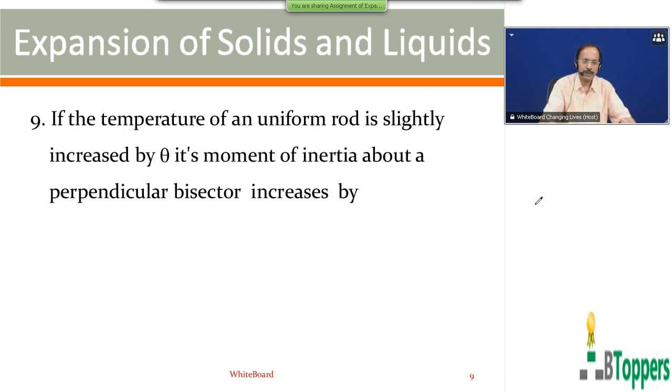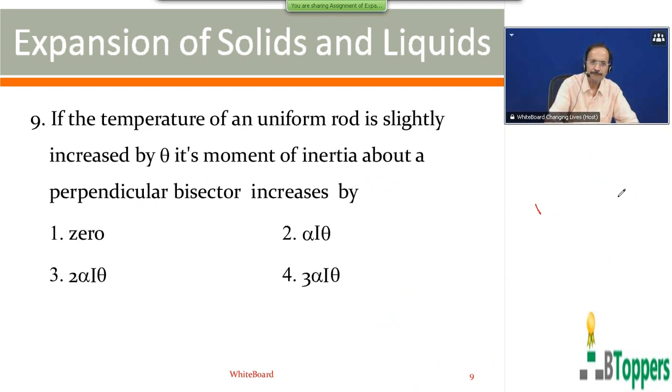So look at question number 9, which I have discussed already in one of the special cases. The temperature of a uniform rod is slightly increased by theta. Its moment of inertia about a perpendicular bisector.